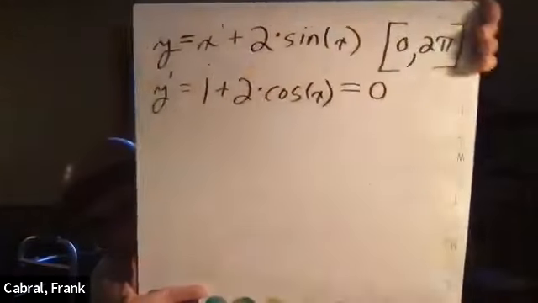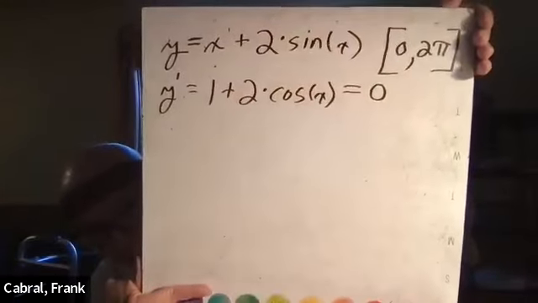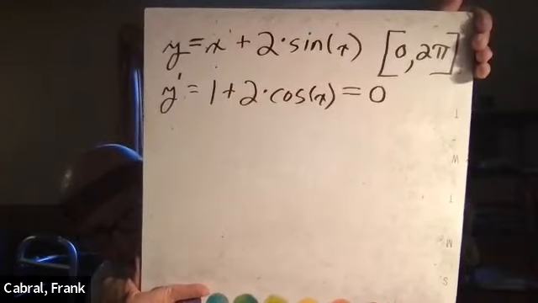So we set the first derivative equal to 0 because horizontal lines have a slope of 0. So we'll set this first derivative equal to 0 and then solve for x. Now I chose a trig function here because, if this were just a regular polynomial function or a rational function, it really wouldn't be that hard to solve this.